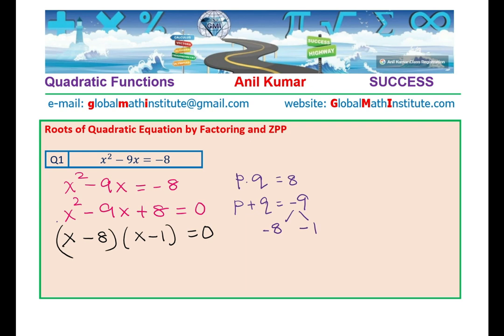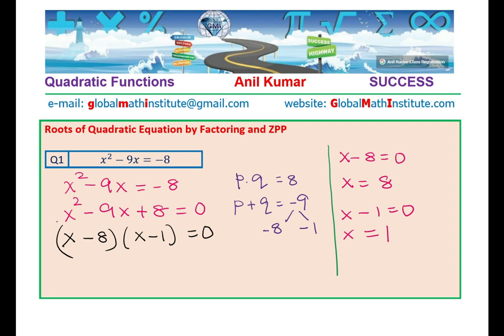The second part is to find the solutions. To find the solution, we equate each factor to 0. So x minus 8 equals 0 gives x equals 8. The other one is x minus 1; we equate it to 0 and get the second solution, x equals 1.